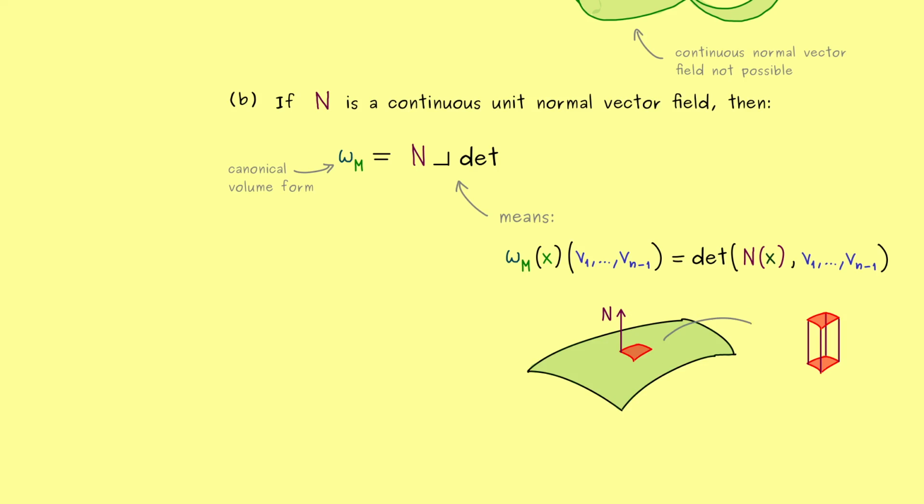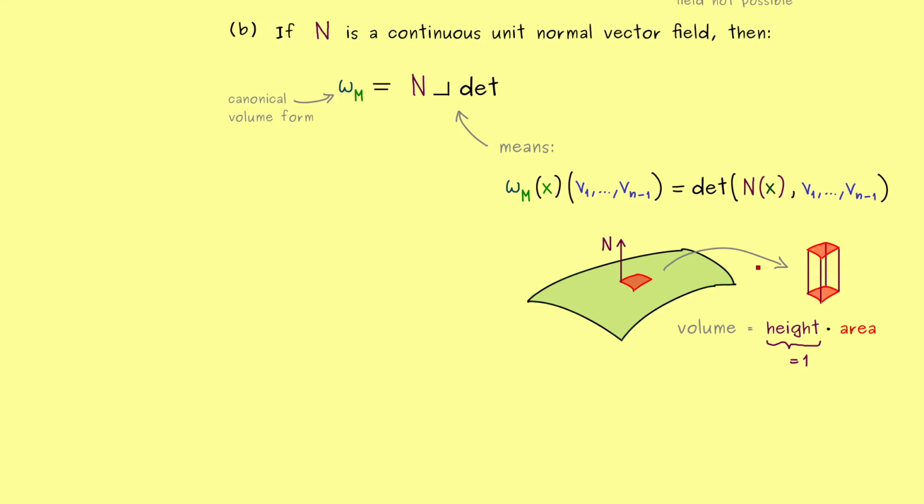And now this volume here lives in R3 and can be calculated just in R3. So you could say the three-dimensional volume is the height times the area. However, since the height is given by the normal vector with length 1, we know that the volume is equal to the area.